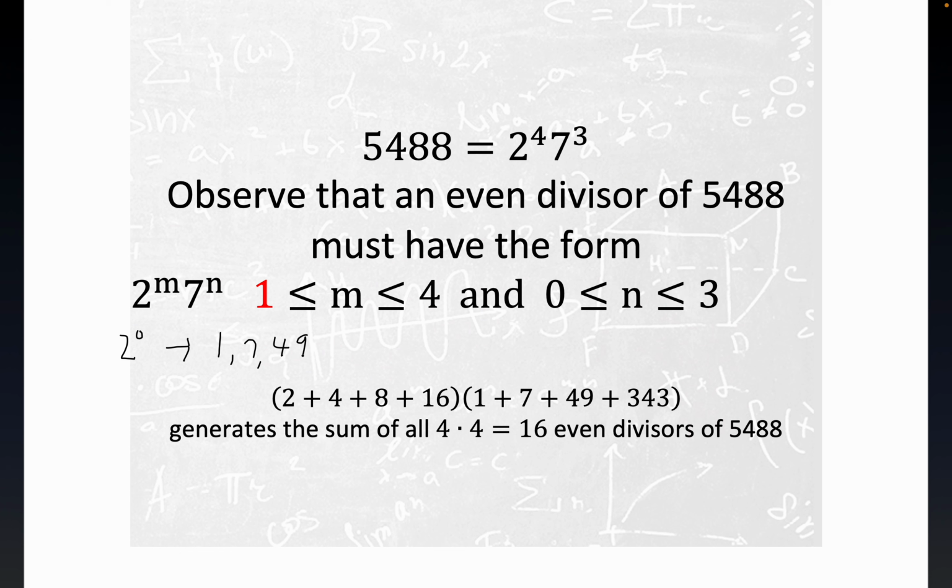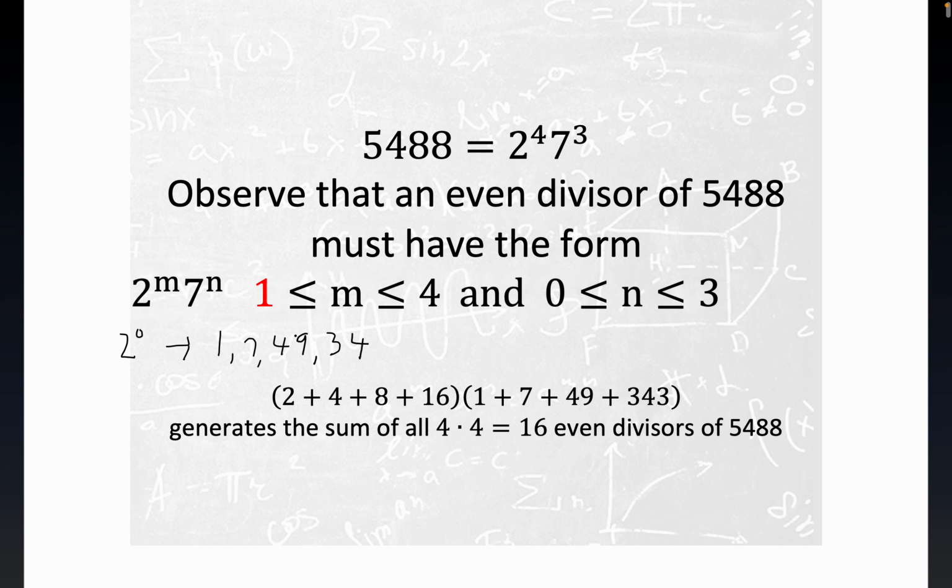And we don't want to add up the odd divisors. So that's why we have this constraint on the exponents of 2. There's a basic result in number theory where you let 0 be included. We have to exclude 0, just so we will not get these 1, 7, 49, 343.